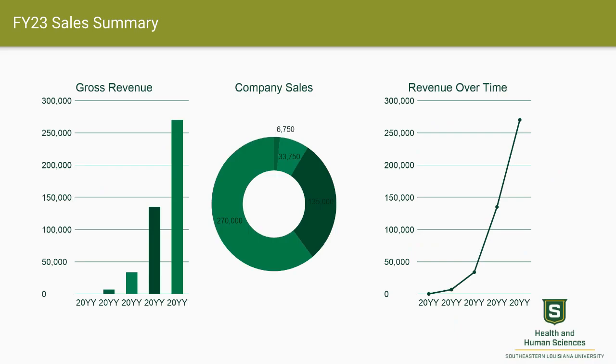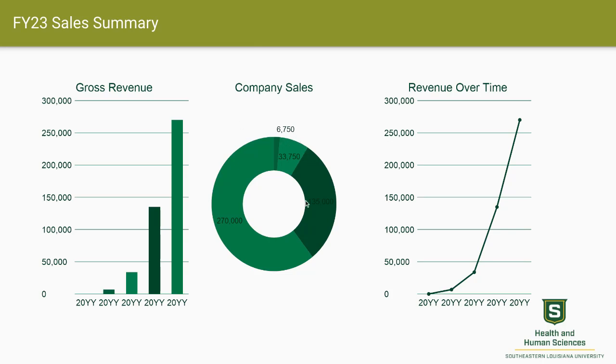So this is another presentation. This is looking at sales reports for different years. Once you have the three graphs here, it's very succinctly telling what is going on. You can see for this company there's an increase in revenue that they're showing.